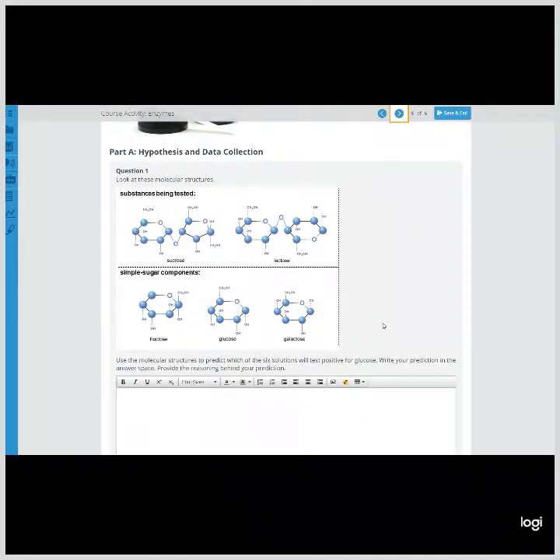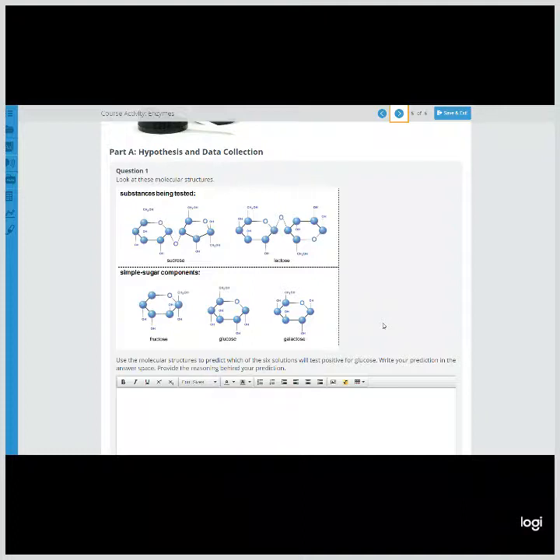You're going to create your hypothesis by looking at these two diagrams. The top part is substances being tested. You have sucrose, which is just table sugar, and you can see how it's broken down. It shows a representation of the two elements put together, and then lactose on the right-hand side. Below it shows simple sugar compounds: fructose, glucose, and galactose.